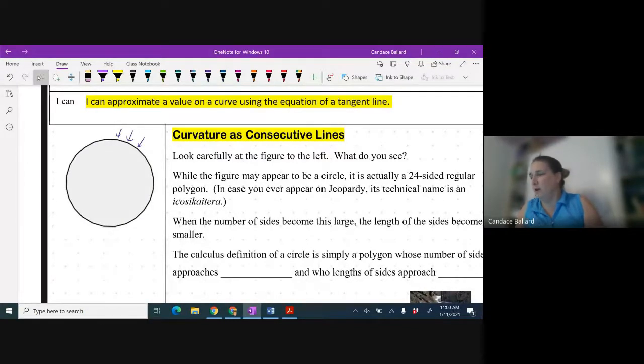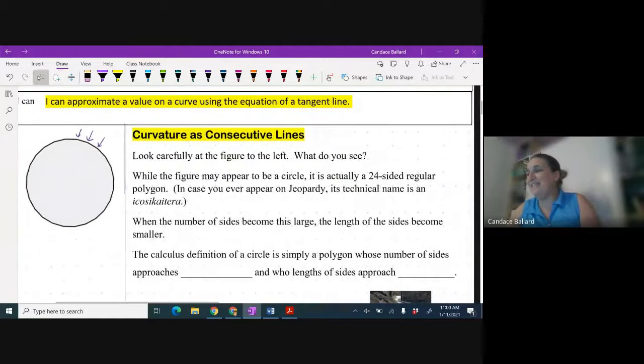Okay. All right, so this is technically not a circle. It's a 24-sided regular polygon. I have no clue how to pronounce that. I know it's Icosti something or other, so in case you're on Jeopardy, it does have a technical name. All right. So when the number of sides become this large, the length of the sides becomes smaller.